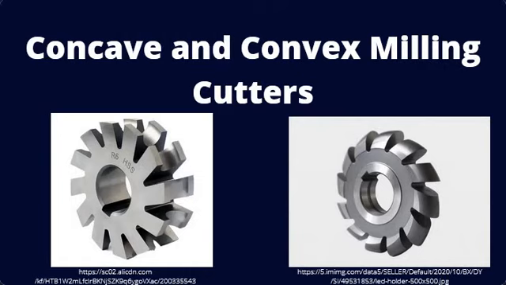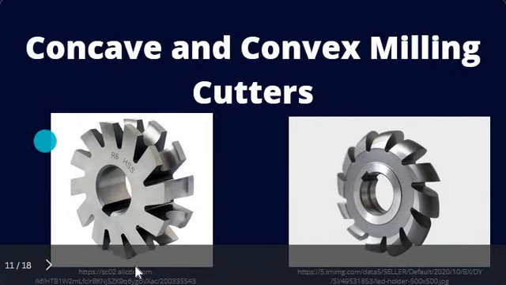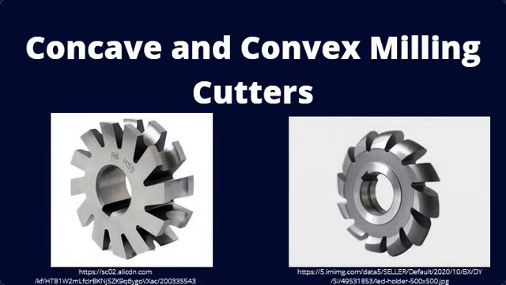Next cutting tools, we have concave and convex milling cutters. This is an example of concave milling cutters. These cutters are form tooth cutters shaped to produce concave, or if convex, to produce a convex cut.